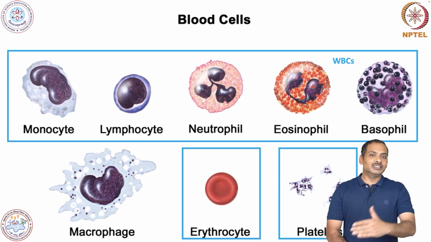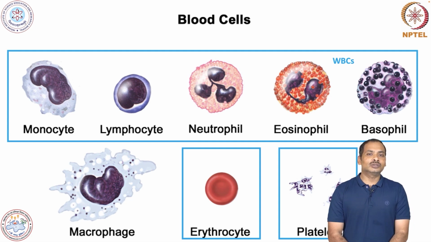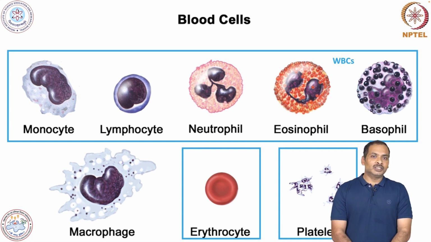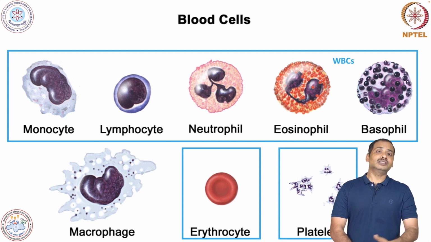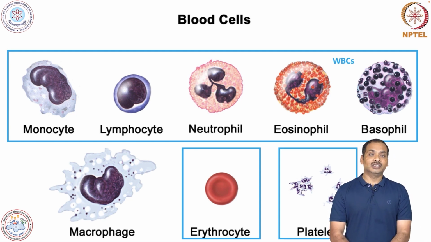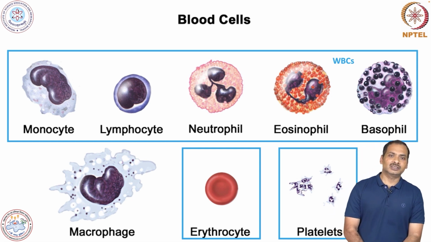Platelets basically play a very important role in blood coagulation. And if their number is reduced in the individual, that will cause hemorrhage. There will be internal bleeding and all those things. Okay. So platelets play a very important role in blood clotting, and this blood clotting also plays a very important role in defense. We will discuss this later when I take up the platelets.